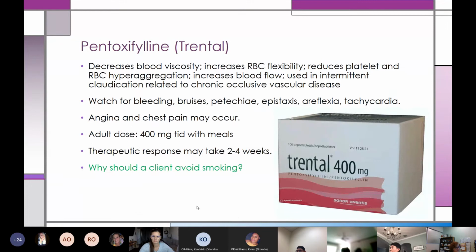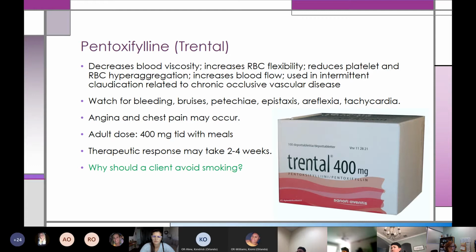Here's one, pentoxifylline, which is known as Trental. Basically, Trental is that particular drug that decreases the blood viscosity, and the red blood cells become much more flexible. It doesn't stick together. It reduces the aggregation of platelets and those red blood cells.